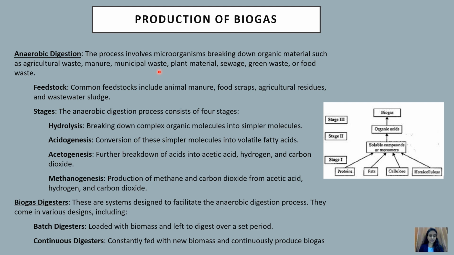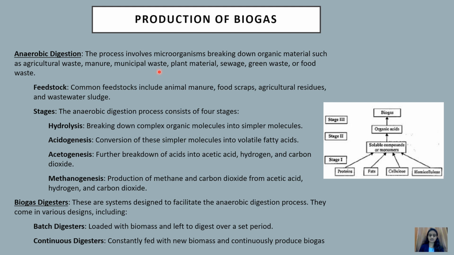Next, moving on to the next step, the biogas digester. These are systems designed to facilitate the anaerobic digestion process, which takes place in the absence of oxygen. They come in various designs, including the batch digester and the continuous digester.